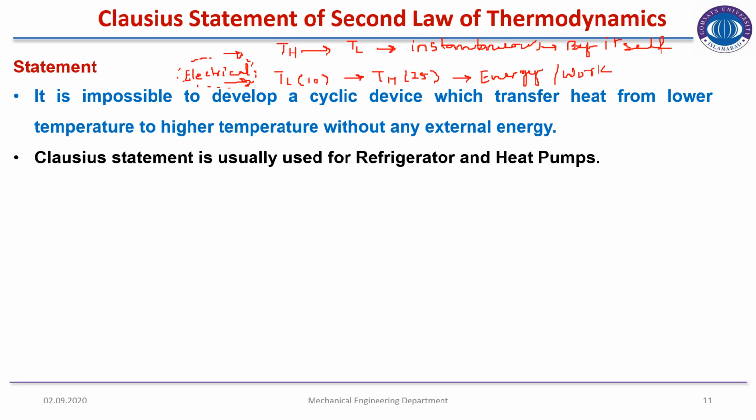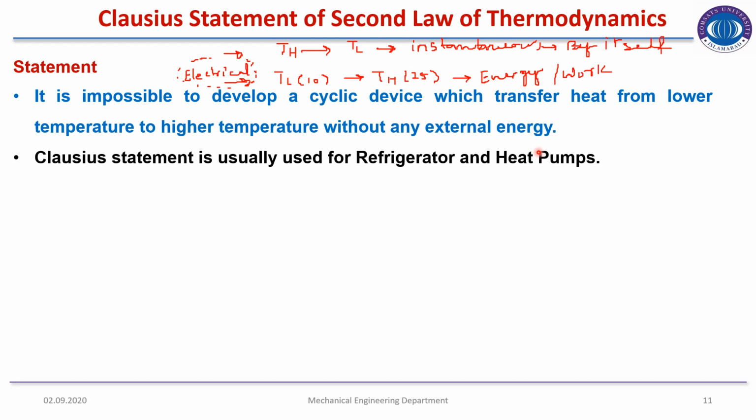So second point, the Clausius statement is usually used for refrigerators and heat pumps. As you know, in a refrigerator, the temperature of the cabinet of the fridge in which the evaporator is installed is at very low temperature. Usually for the upper cabinet, the temperature is in the minus, because it's an ice cabinet, so the temperature is usually minus 15, minus 12, and the heat is rejected into ambient air.